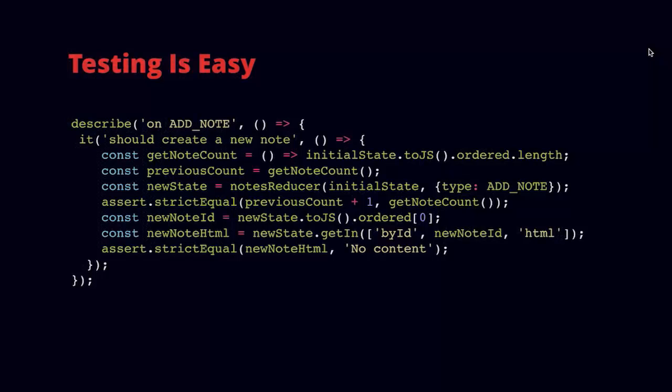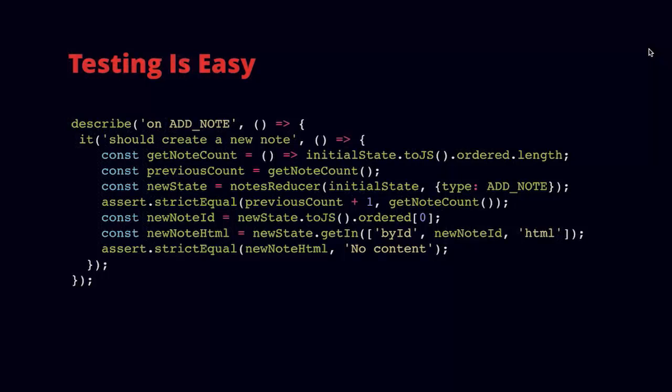And finally, one really exciting thing about all of this is that testing is super easy. So testing reducers, what we will do is write a test where we create an initial state. We take some metrics from that initial state.